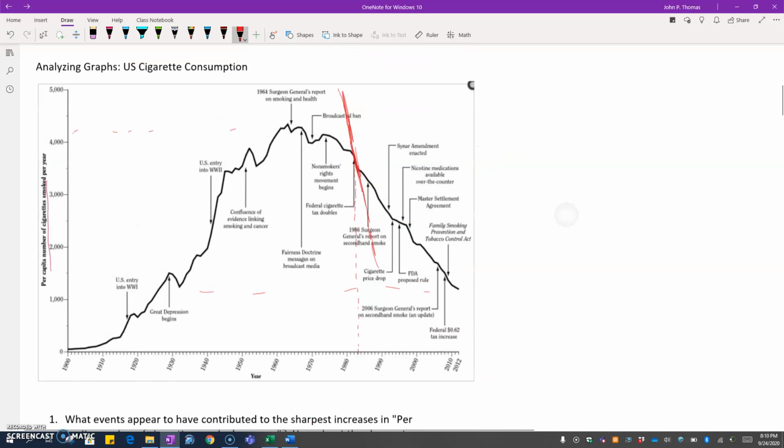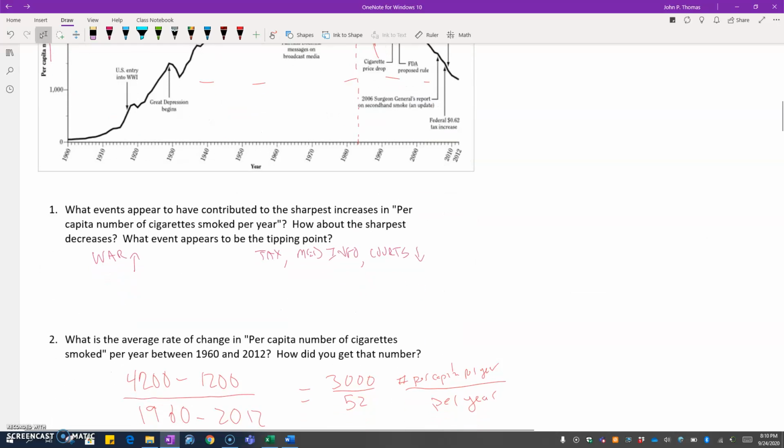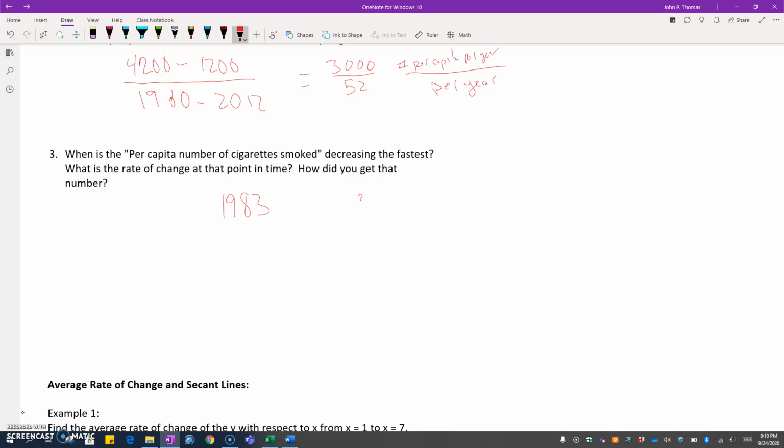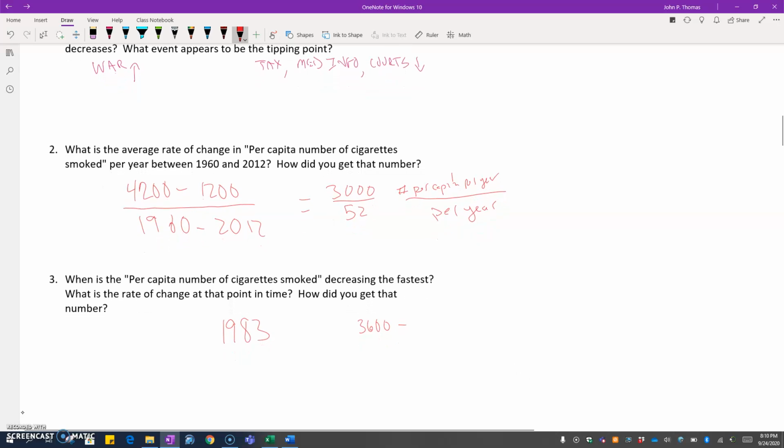And it asks for what the rate of change is. Now, when I'm doing a tangent line like this, I'm really going to have to estimate. In this case, I'm going to come over here. Looks like we're about 3,500 to 3,600, so about 3,600 for that. And that corresponded with the year 1980.